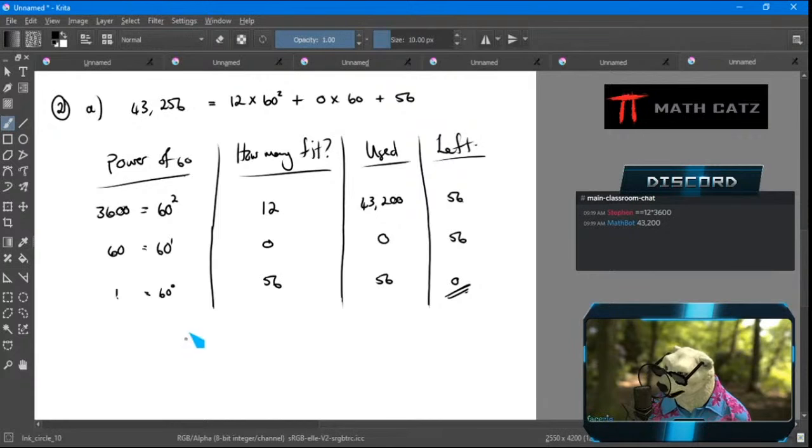Convert that to our specific Babylonian number, which is a 10 and 2 ones, space, empty symbol, space, 50, 56.